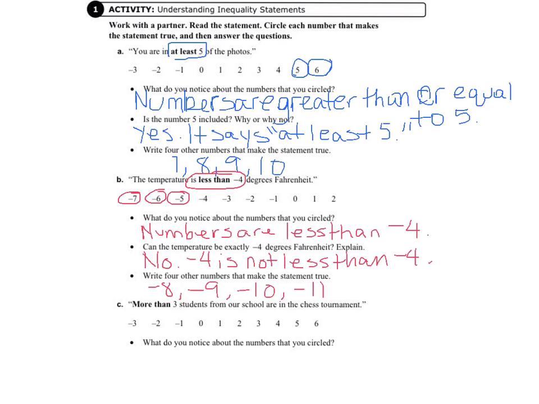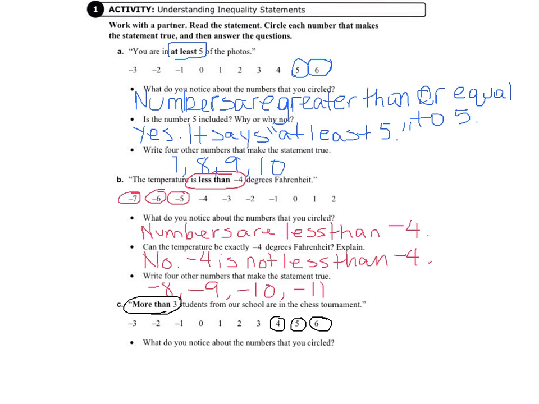Moving on to letter C. More than 3 students from our school are in the chess tournament. So more than 3 is the important part. So we're going to circle the numbers that are more than 3. So we'll circle 4, 5, and 6.